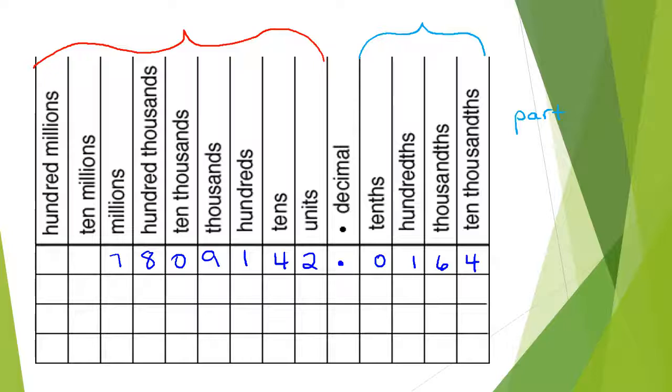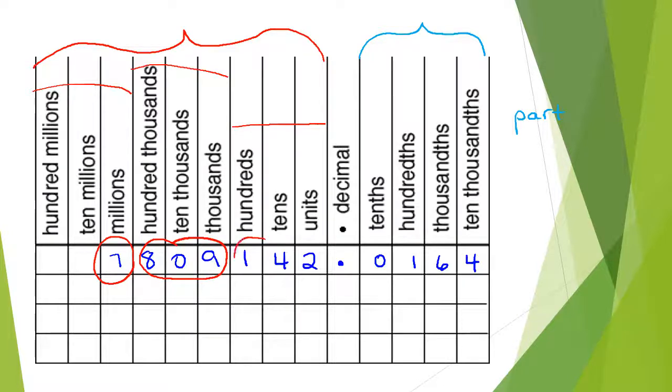So to read the big part of the number, the red part, we think about our families. So here are the nobodies, here are the thousands, and here are the millions. So we always start on the far left side. How many millions do we have? Well, there's just 7. How many thousands do we have? There are 809.